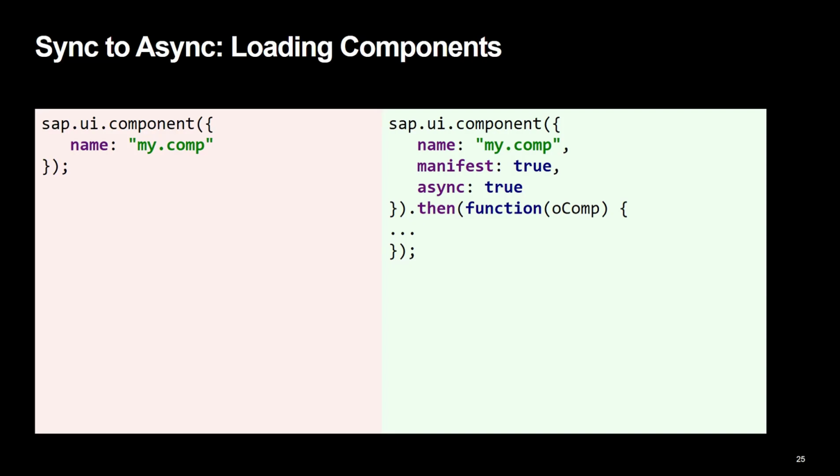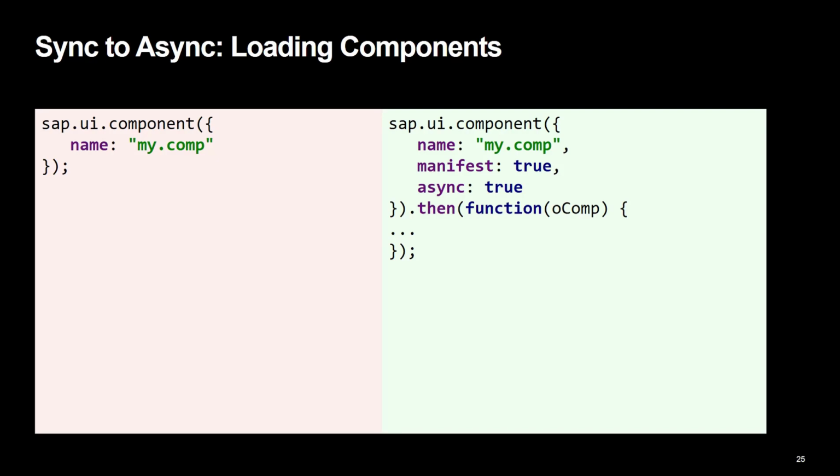We try with 1.50, and all versions before 1.56 now have the opportunity to use this async flag. That's a switch, and we have this component here, this old style. You use just this namespace, and if you add async true, then your sap.ui.component behaves differently.